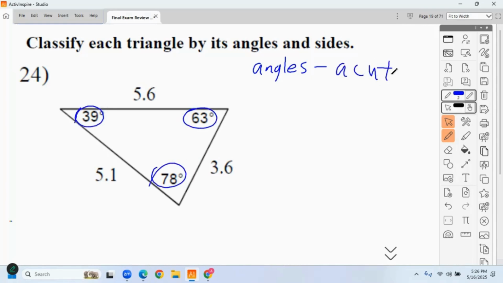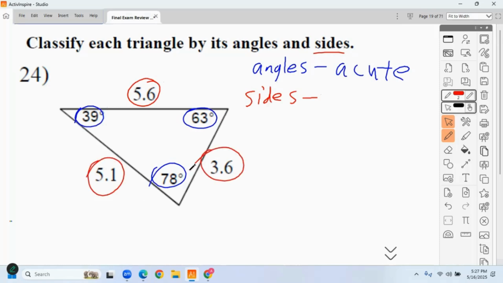Acute. Got it? Now, let's go a little bit further. If we're looking at sides, for the sides, notice that none of these are the same. If none of these are the same, that means this is a scalene triangle. Keep that in mind. Got it? Check, check. Okay, we got these.